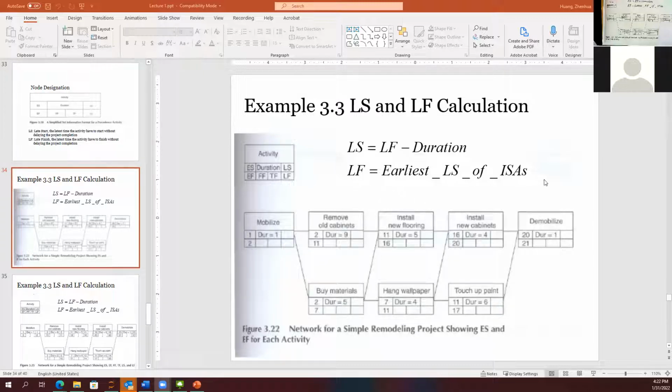Let's see the equations. If I know the late finish of one activity, then the late start equals late finish minus duration. And then the late finish of the previous one. When we analyze late start and late finish, we have to go backward.